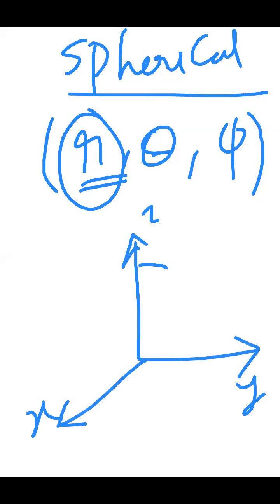If I draw a line like this, having some angle theta, and say my point is here, then theta will not vary.